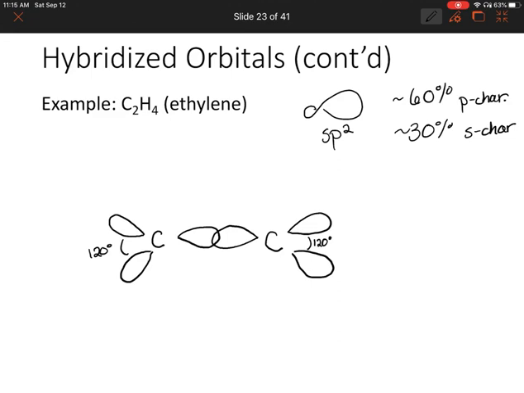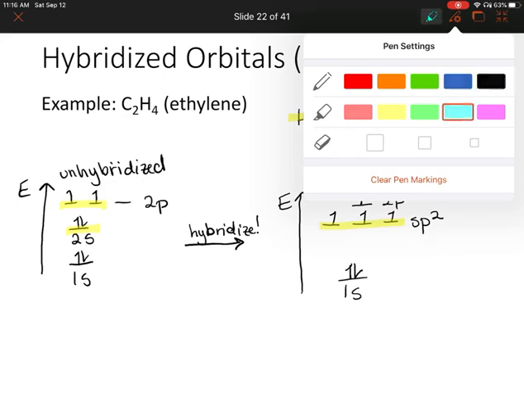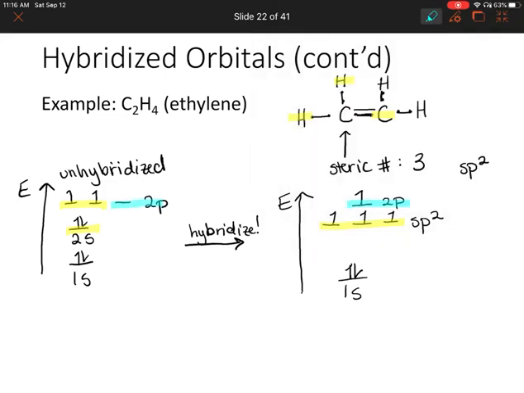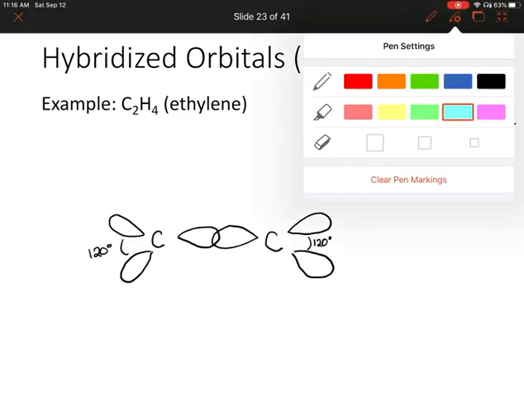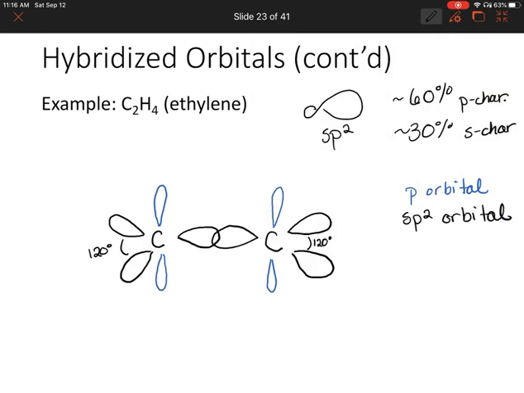Now, we do have a p orbital left over. So remember, on the previous slide, we saw that there's a p orbital left over right here. Okay, so that means each of these carbons has a p orbital, and we're going to draw that going up and down. And I'll draw a little key off to the side.